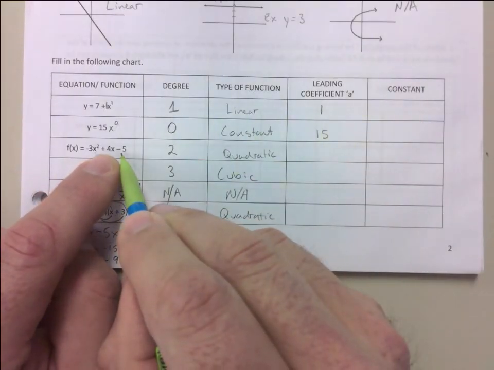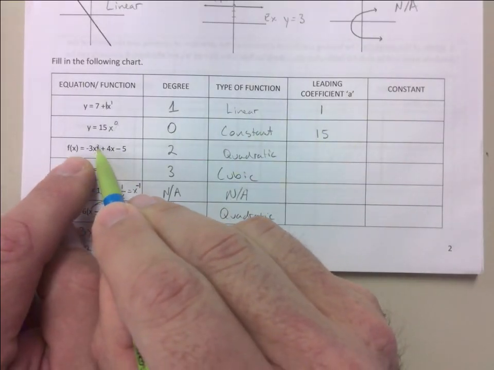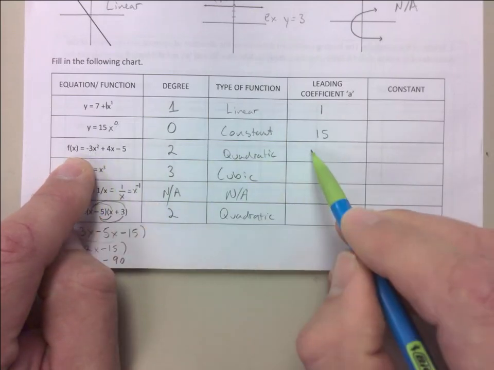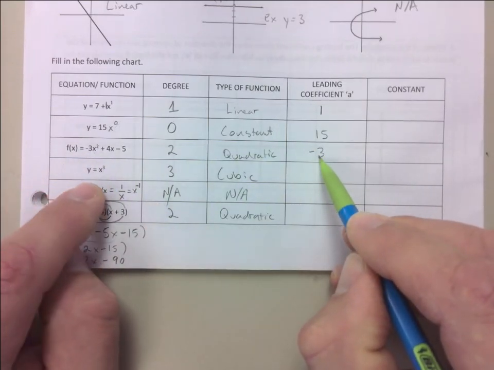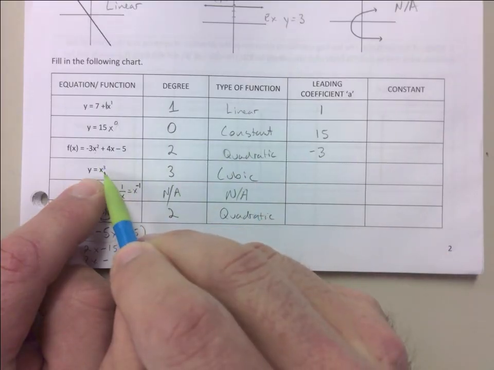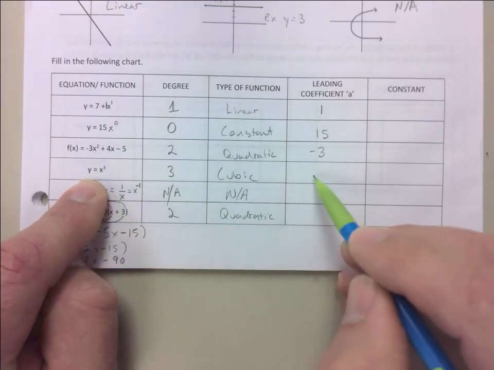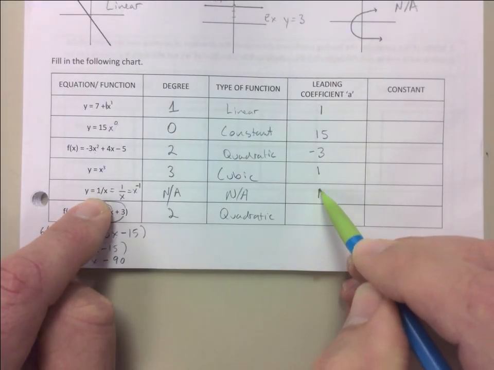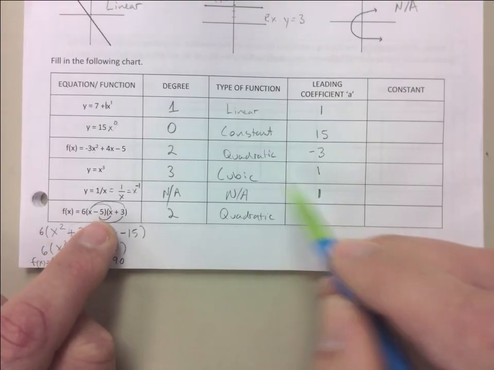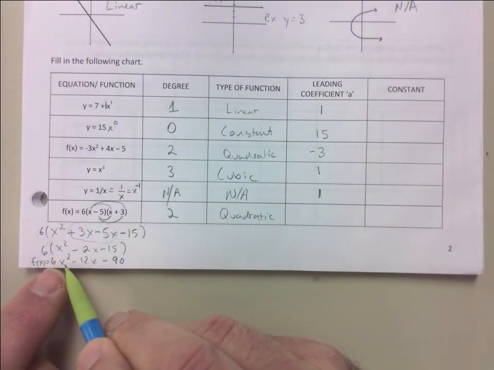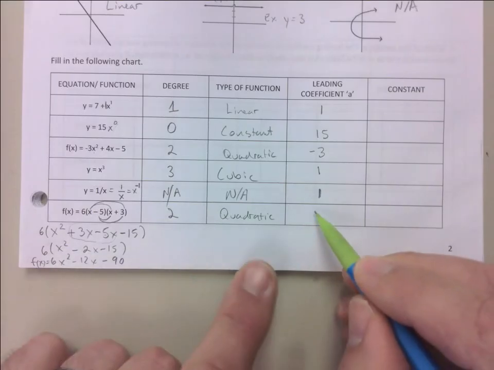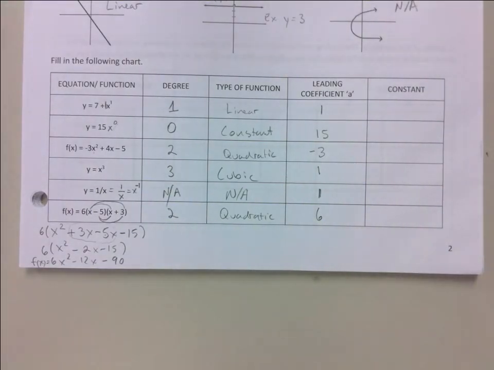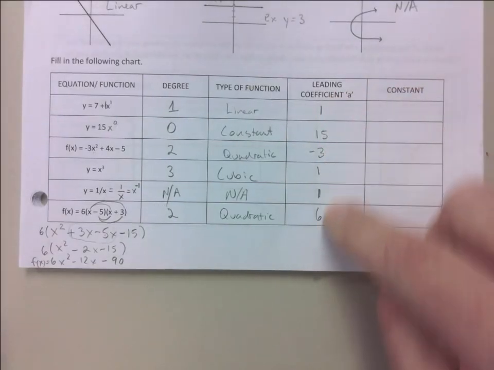Over here, x squared, right? So in front of x squared, we have negative 3. Over here, what's in front of x cubed? 1. We also have a 1 here technically. And over here, what's in front of x squared? It's a 6.